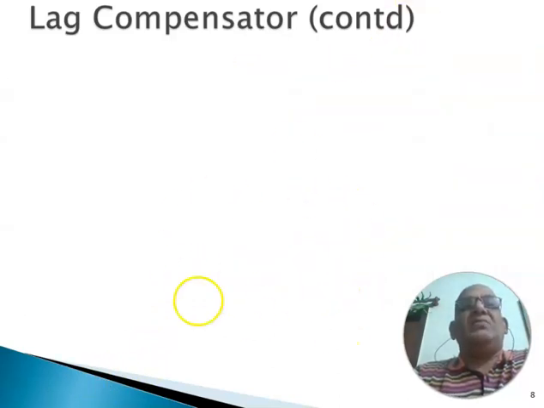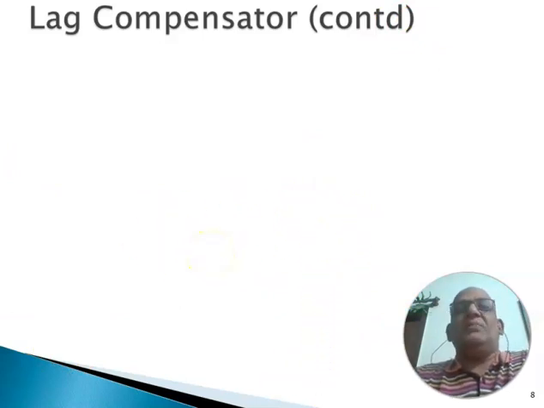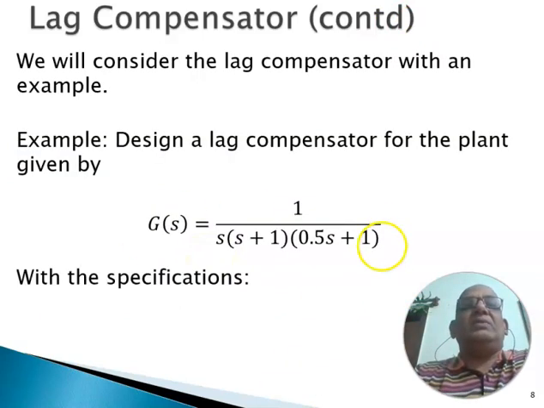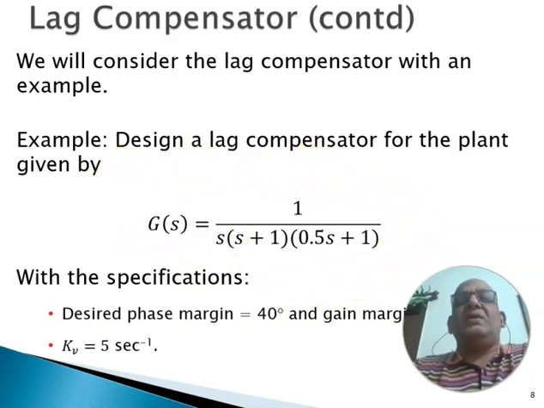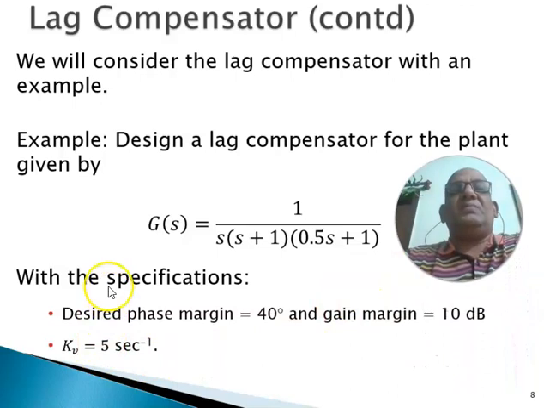Without much delay, we'll consider this lag compensator with the help of an example. We are required to design a compensator for this transfer function, and we have the design specifications: phase margin is 40 degrees, required gain margin is 10, and we want a velocity error constant of 5 second inverse.